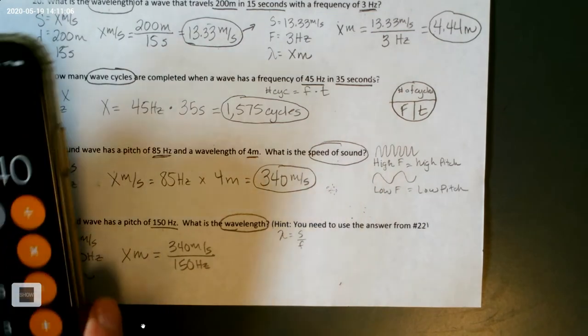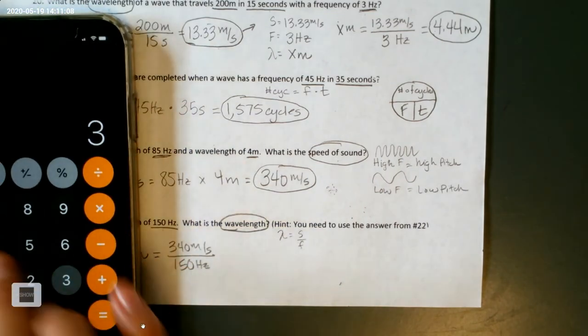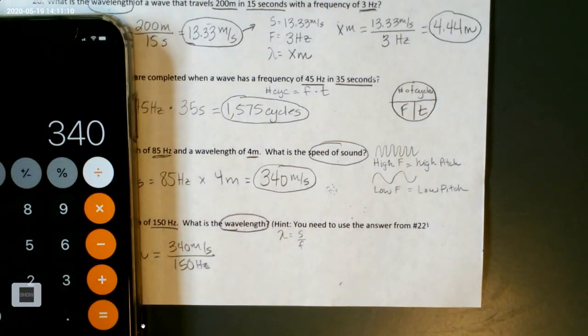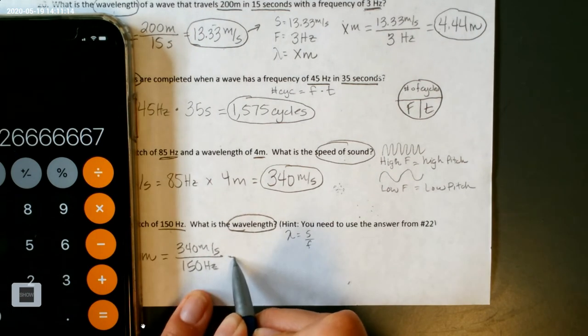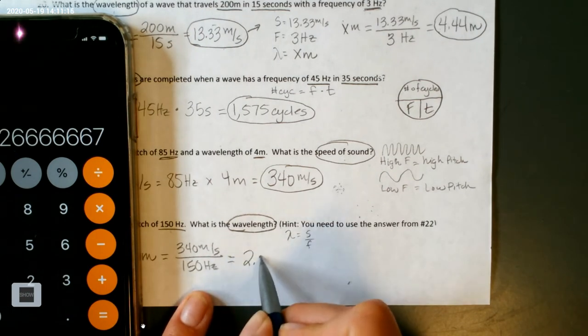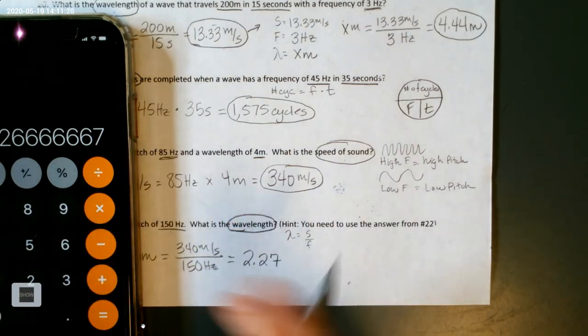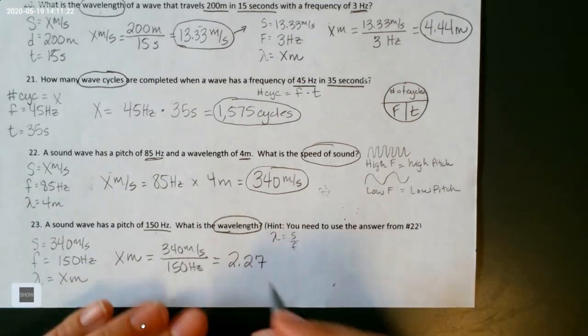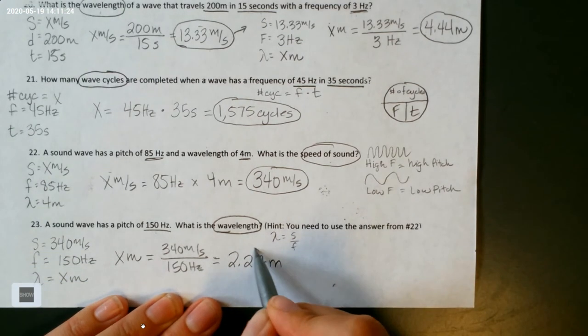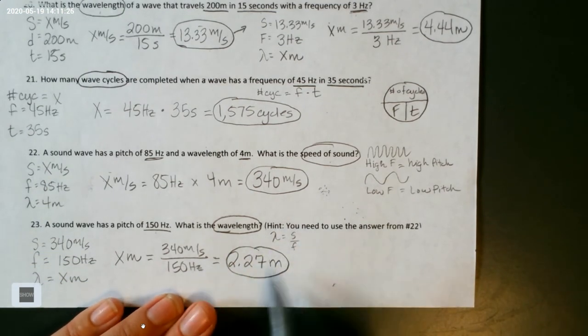So we are going to do 340 divided by 150, and that's going to give us a wavelength of 2.2, and since it's repeating sixes, I'm going to round it up to 7 meters.